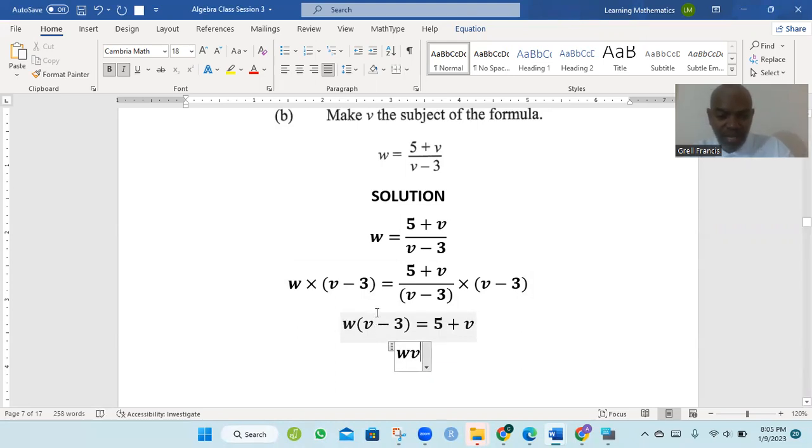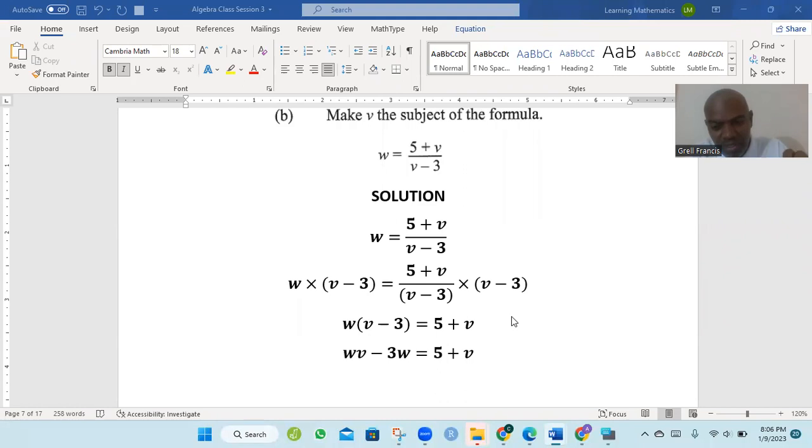And W multiplied by minus 3 is minus 3W. Equal to 5 plus V. So we clear the brackets by multiplying by W. Or distribution, we distribute W. W times V is VW or WV. And W times minus 3 is minus 3W. Equal to 5 plus V. So write this down.